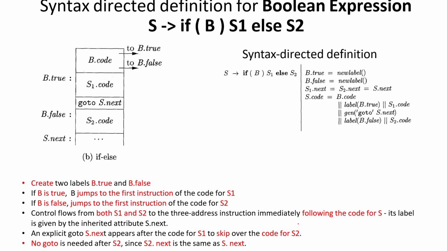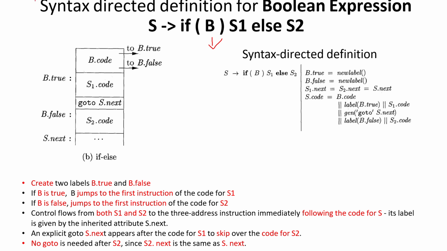In the if-else statement, there are two conditions. Either B may be true or B may be false. When we evaluate the Boolean expression, it may be true or it may be false. So this is a diagram for if-else.